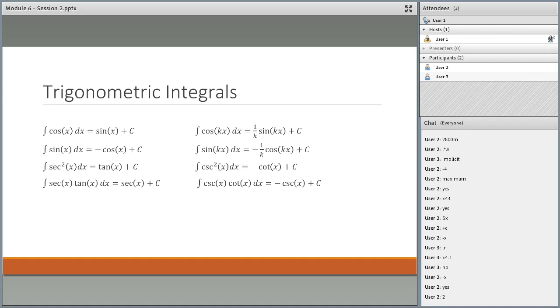So let's go to trigonometric integrals for a minute. I want us to think in terms of derivatives. I know these are written above, but it kind of helps to talk them through really quickly. So what would I take the derivative of to get cosine?